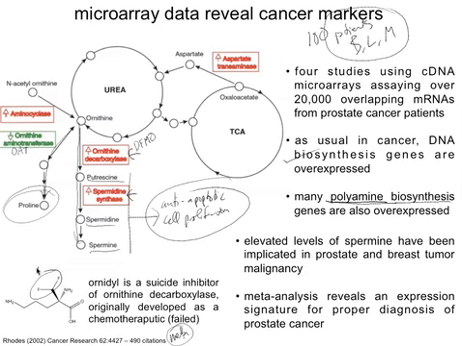Yeah, there's the DFM group, difluoromethyl ornidil. Ornidil was originally identified as a chemotherapeutic. It failed. It's still on the market for different indications, but now we have this modified version, difluoromethyl ornidil, that is a suicide inhibitor of ornithine decarboxylase.